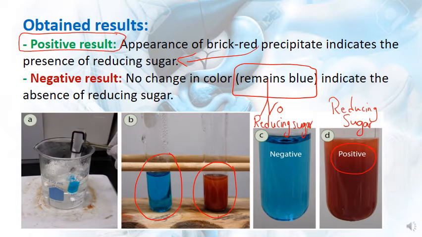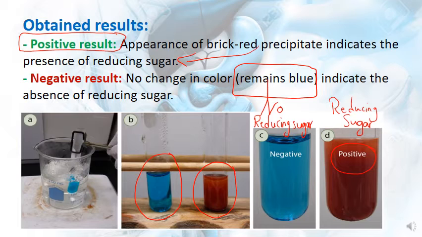So as a summary for the first test, the Fehling test: it is done to identify the presence of reducing sugar. All the types of sugar are reducing except for sucrose, which is a non-reducing sugar. For the procedure, we put a piece of food in a test tube, then add equal amounts of Fehling A and Fehling B. The solution has a blue color and is called Fehling solution.